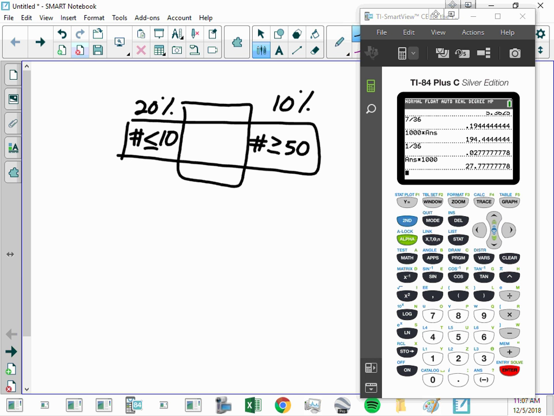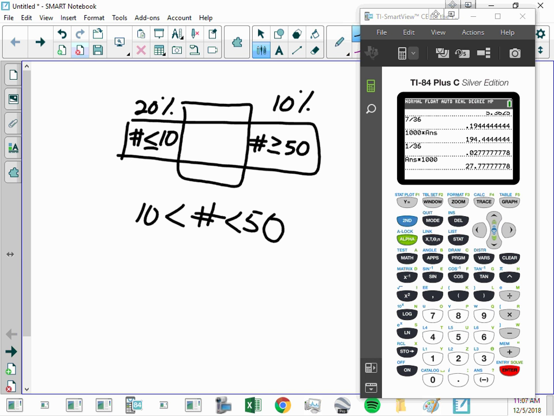Is it 70%? Yes, because are these 3 events mutually exclusive? Can you be in group 1 and group 2 at the same time? No, because that middle group is this, without equal signs, right?